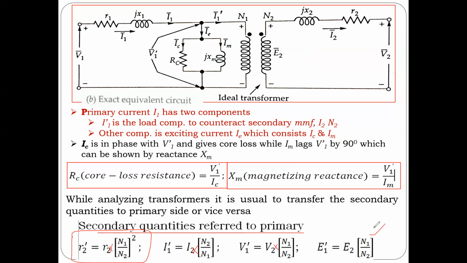And then I'm able to transfer, because I know how it will look if it is brought to the primary circuit, or how it will be perceived by the generator or the supply on the primary side. So let's see, and let's do it.